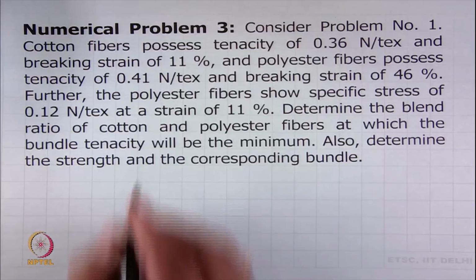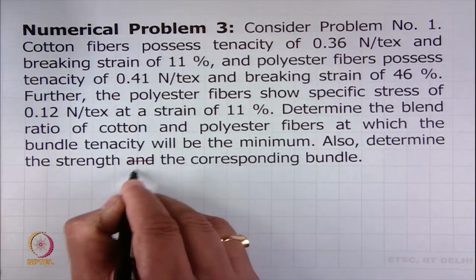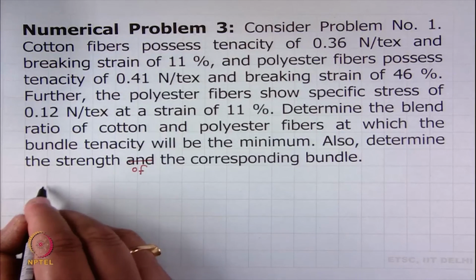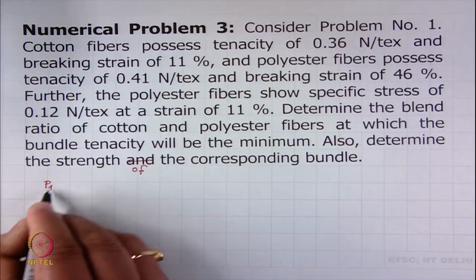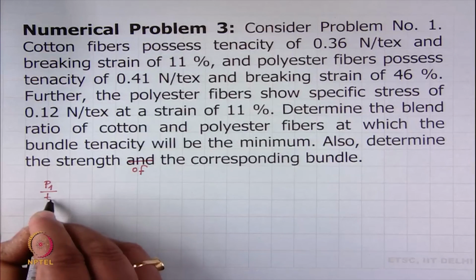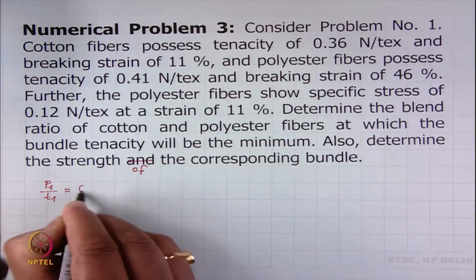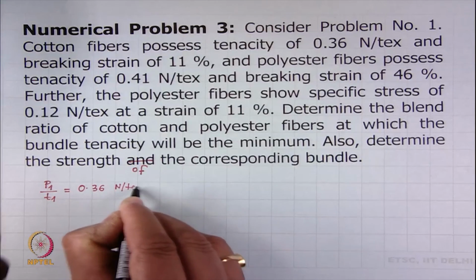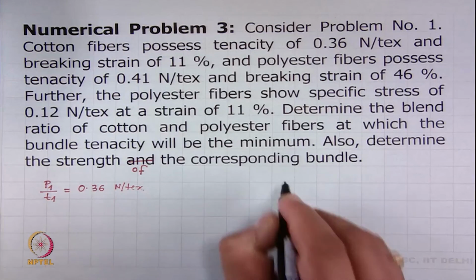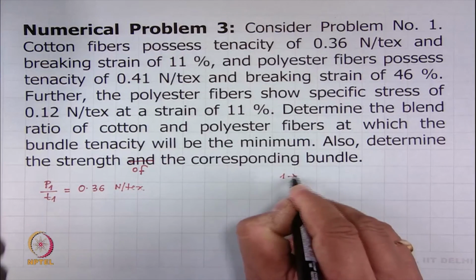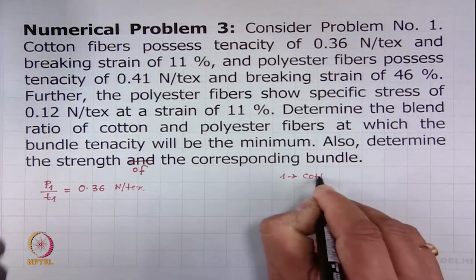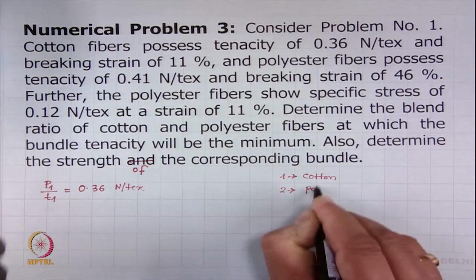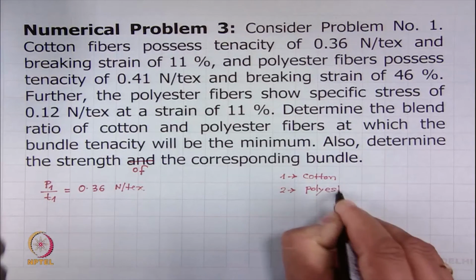So, what information is given? Let us summarize. P1 by T1 is equal to 0.36 Newton per tex is given. We consider 1 denotes cotton and 2 denotes polyester.